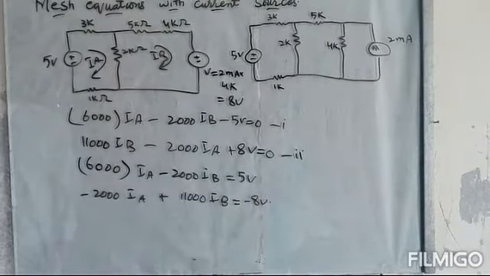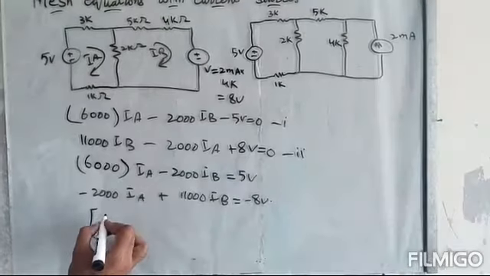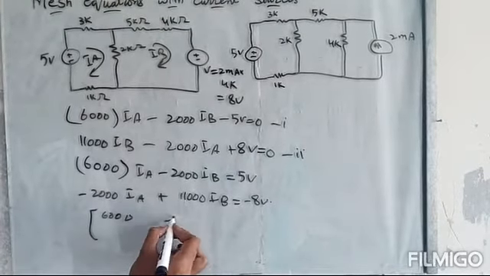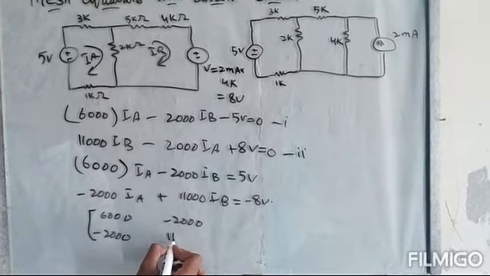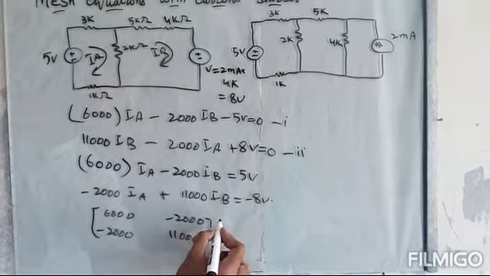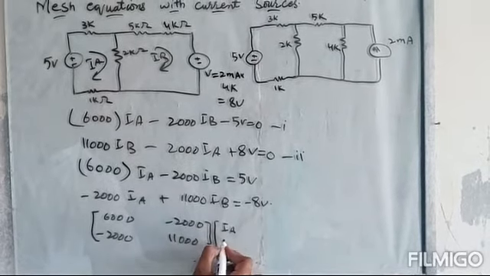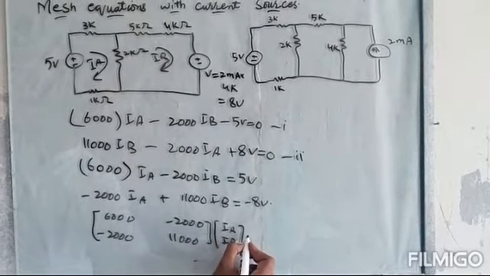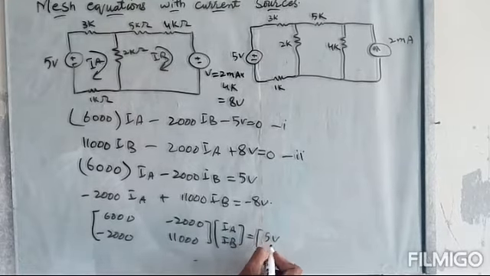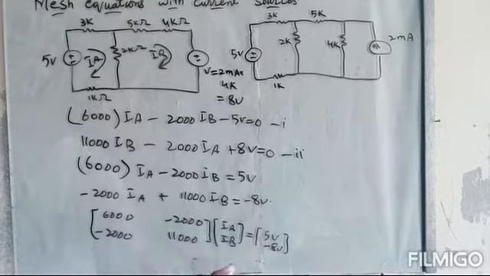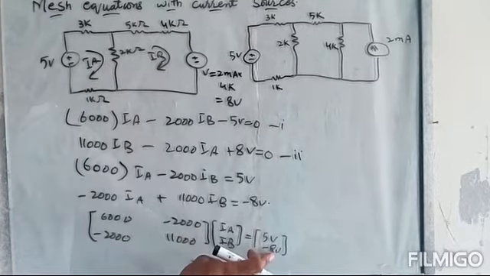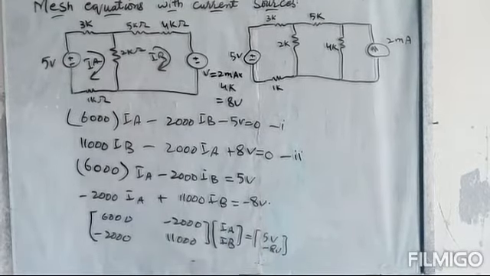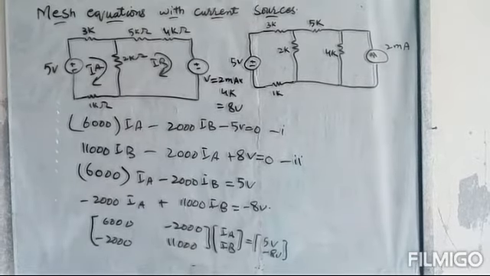So this will form a 2 cross 2 matrix: 6000, minus 2000, minus 2000 and 11,000, times IA and IB, is equal to 5 volt and minus 8 volt. So we can find IA by finding the inverse of this matrix multiplied by this. We can find the value of IA and IB.